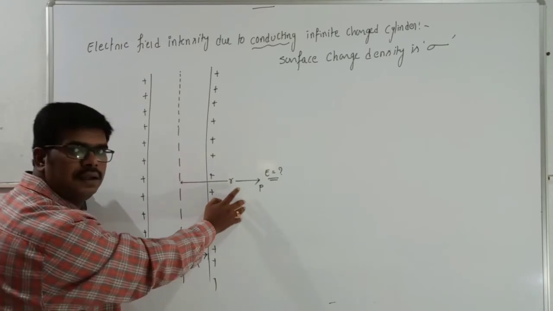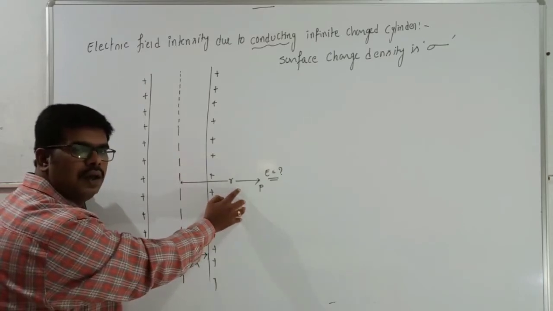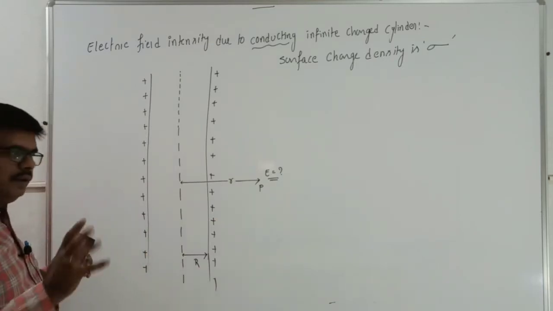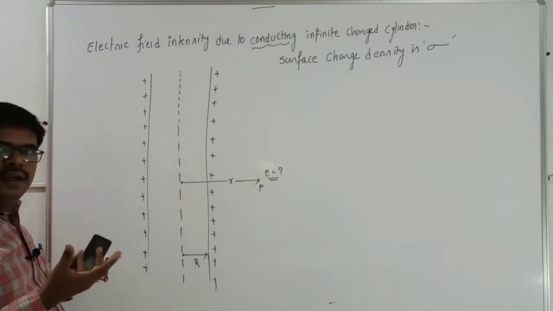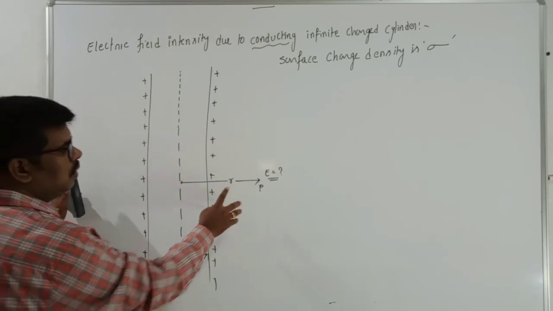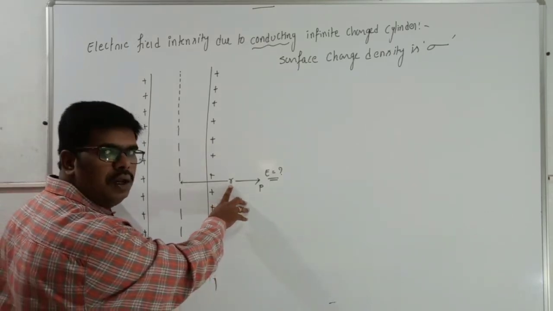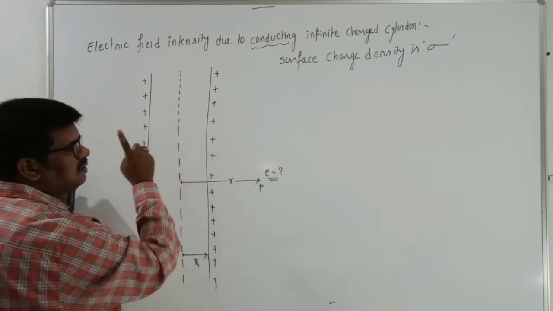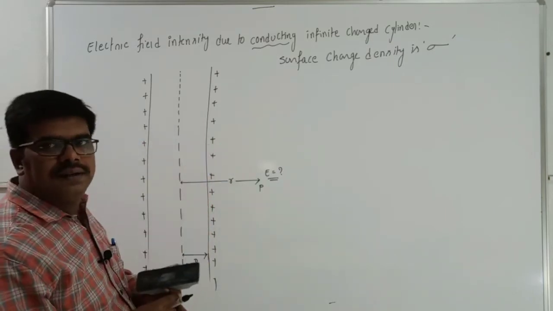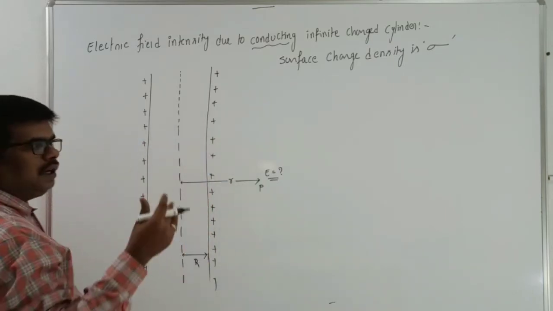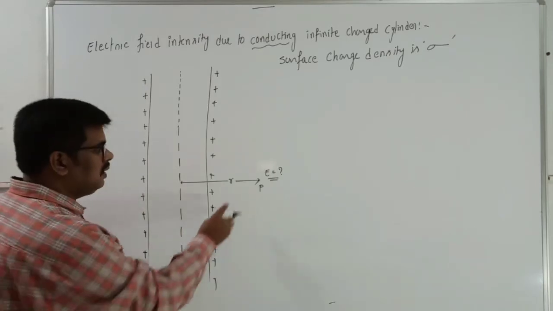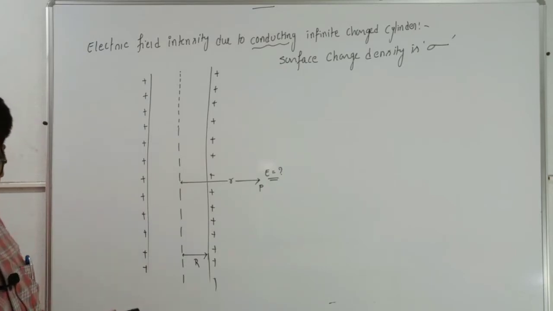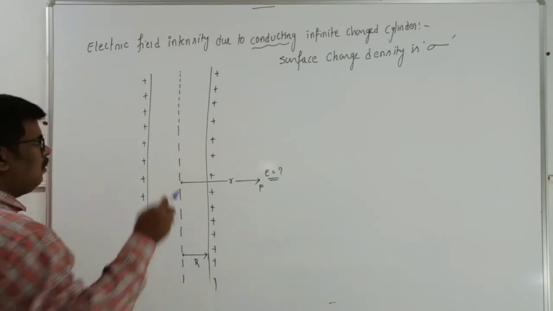Hmm, here the Gaussian cylinder has radius r, and capital R is the radius of the charged cylinder. The Gaussian cylinder has length L and radius r. Such a Gaussian surface I am going to imagine.